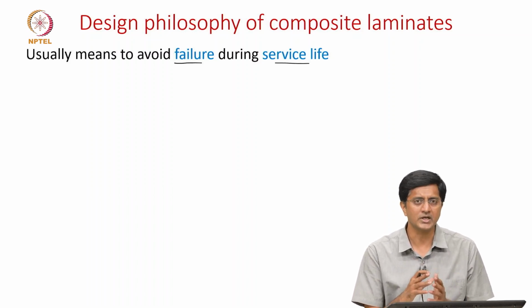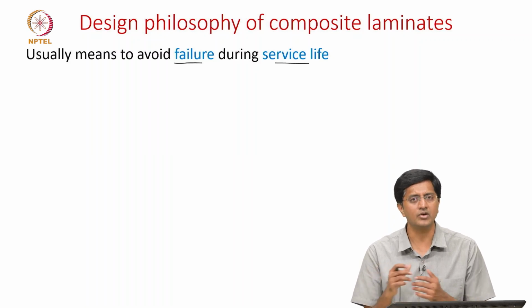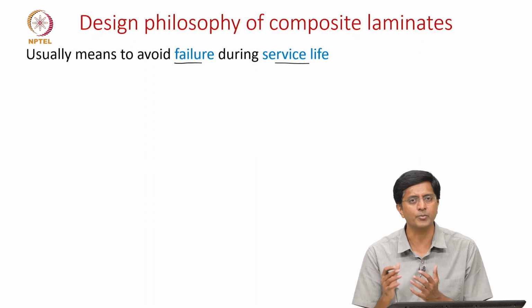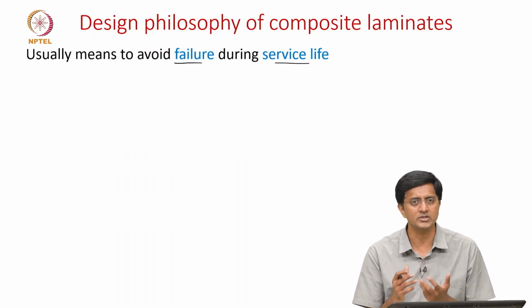So composites are neither completely brittle nor completely ductile, there is something in between. So we need to evolve a design philosophy which is more specific to composites. We cannot blindly apply the principles or the philosophy we have been following with metals.